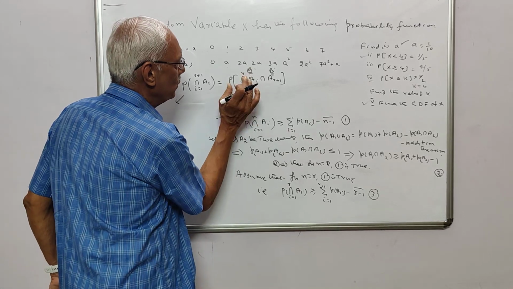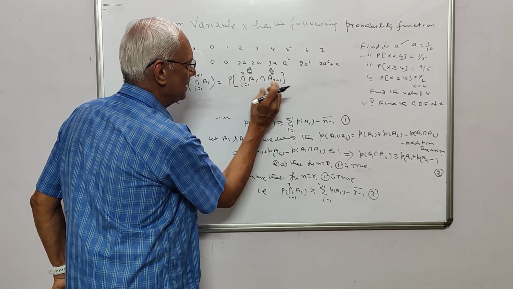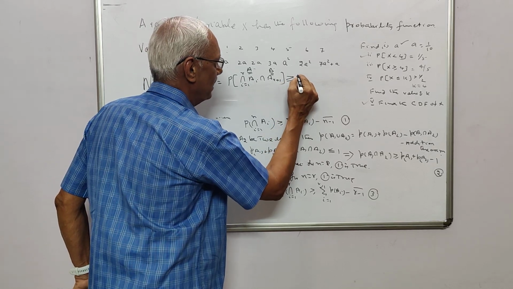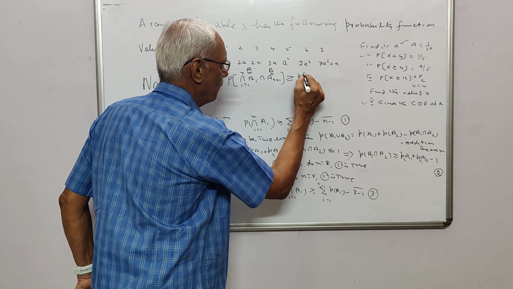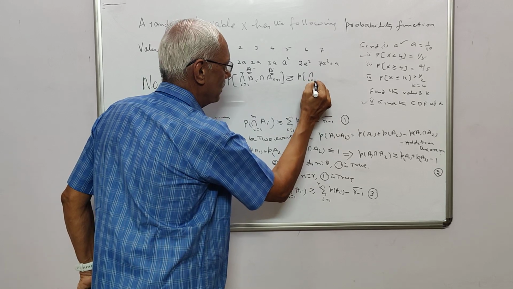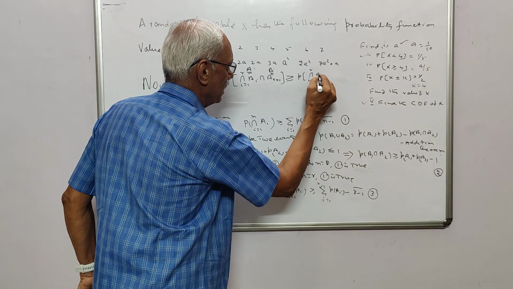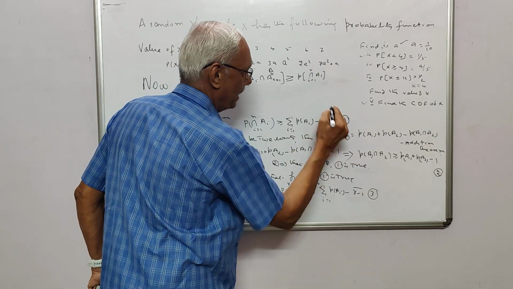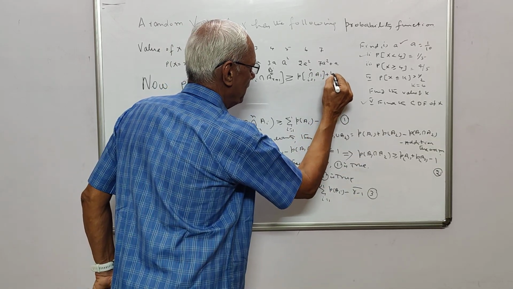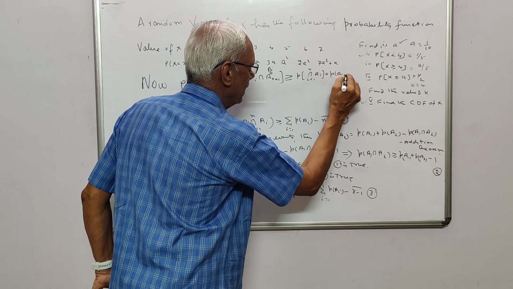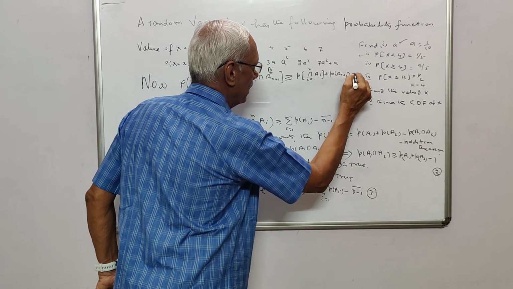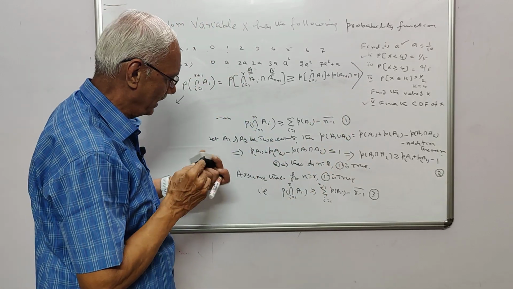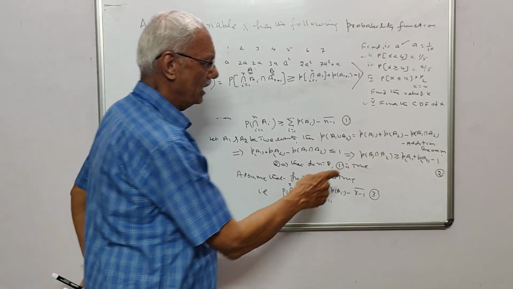So you take this as A and this as B. Naturally this is nothing but P of the conjunction of ai, i is equal to 1 to r, plus P of ar plus 1, minus 1. Why is that so? I gave an explanation. How do you get this?